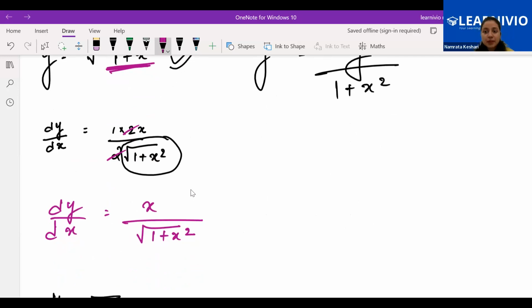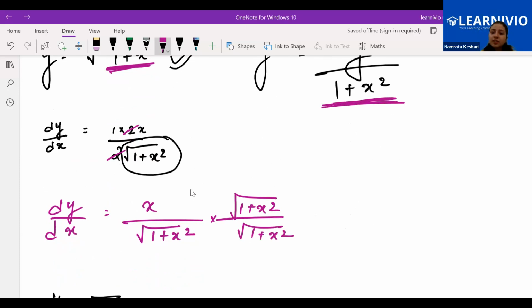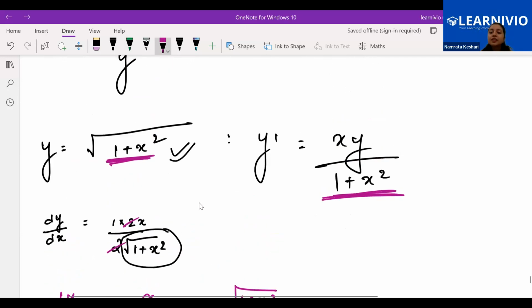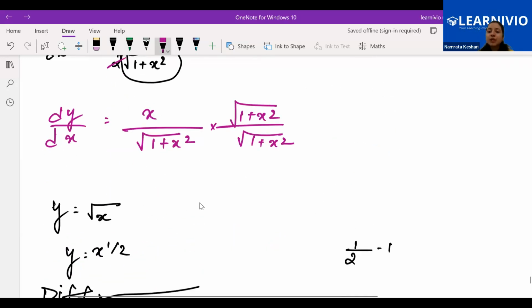Rationalization concept we can apply here. Whatever is there in the denominator, we can multiply in the numerator also, in the denominator also. Why are we doing so? Because in the proof part, in the denominator only 1 plus x square is there, and we are having under root 1 plus x square.